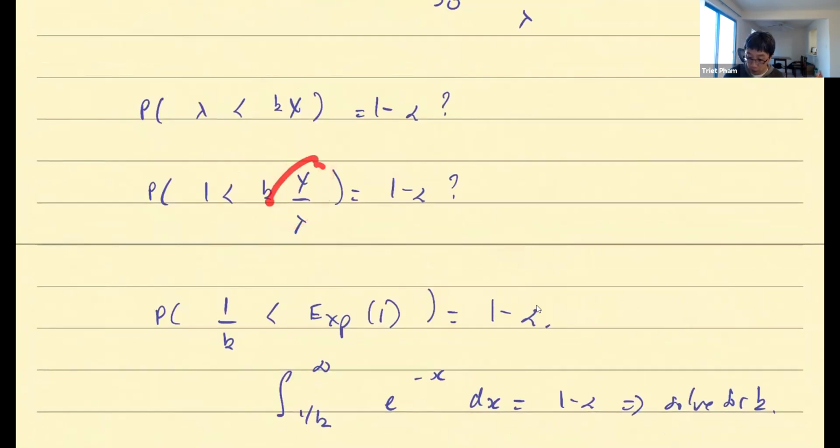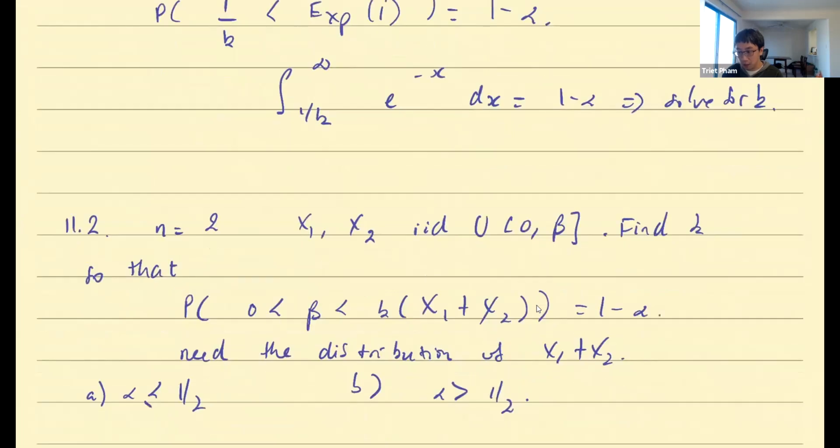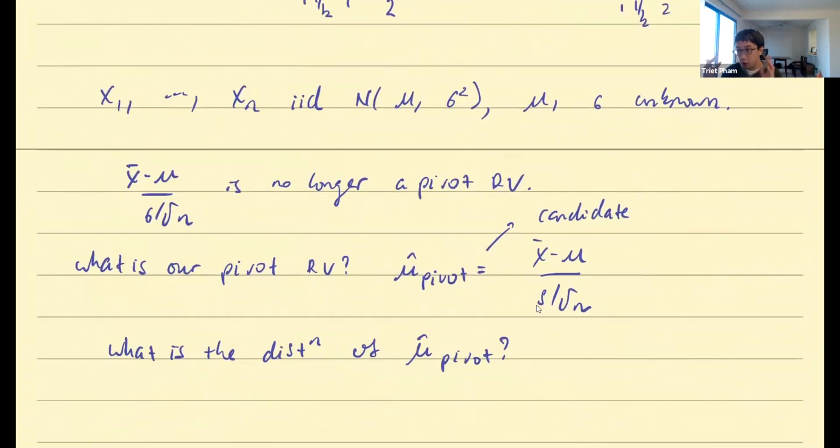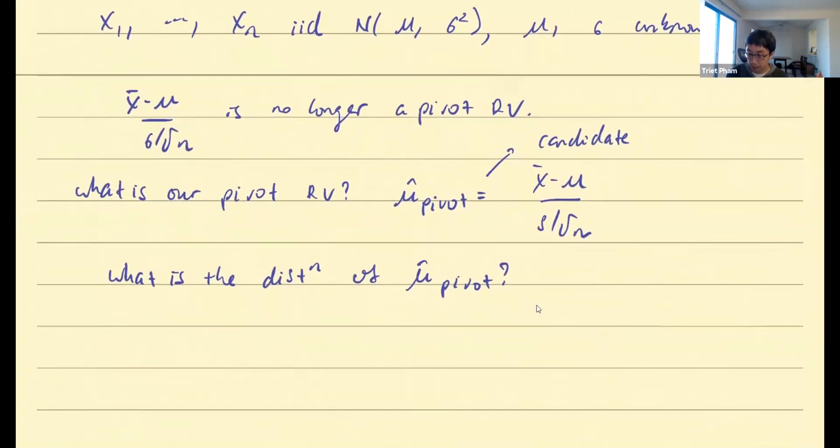Now, of course, here it's easy, because the book likes to ask questions with sample 1 and 2, because with sample 1 and 2, you can explicitly write down what the distribution is. When the sample size is n, things are not hard, but tedious. That's why we can only do some generic result with some generic distribution.